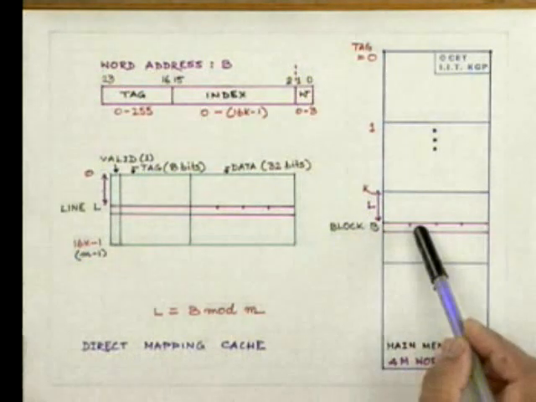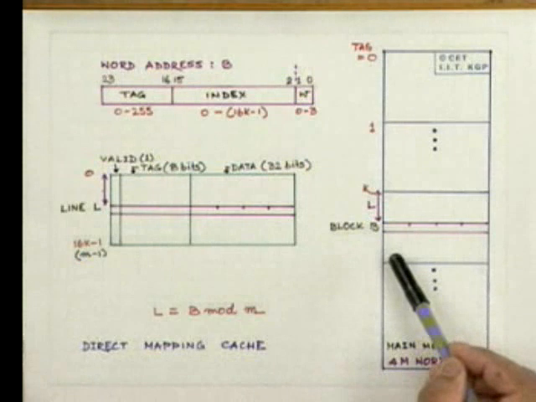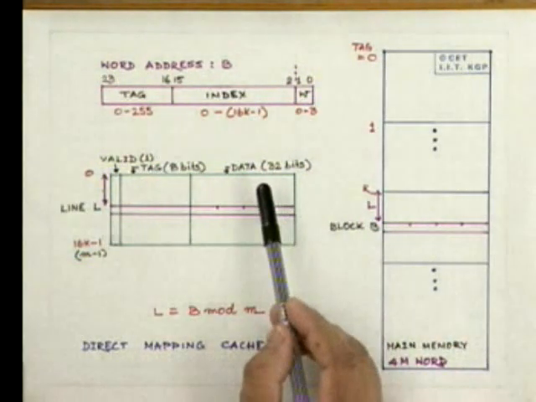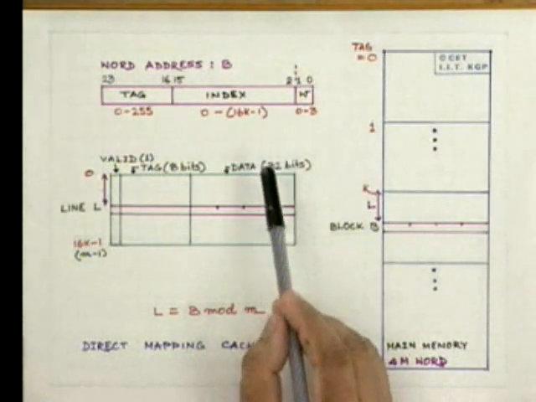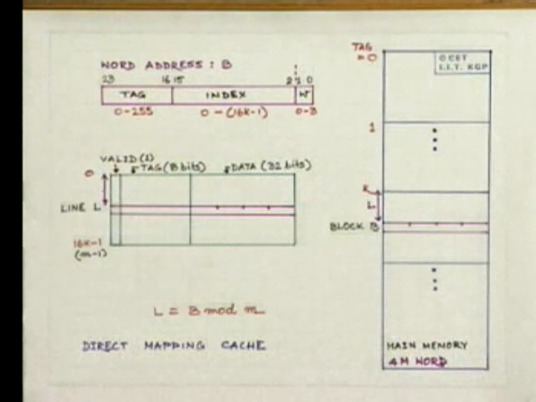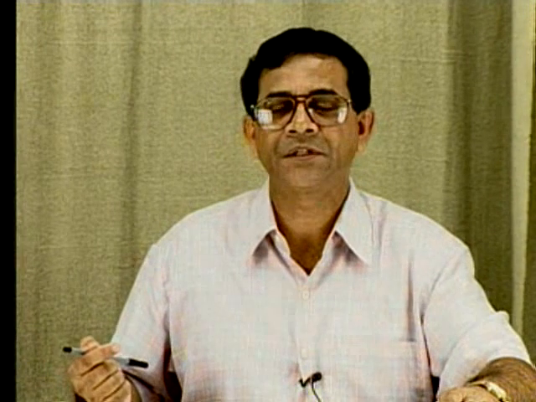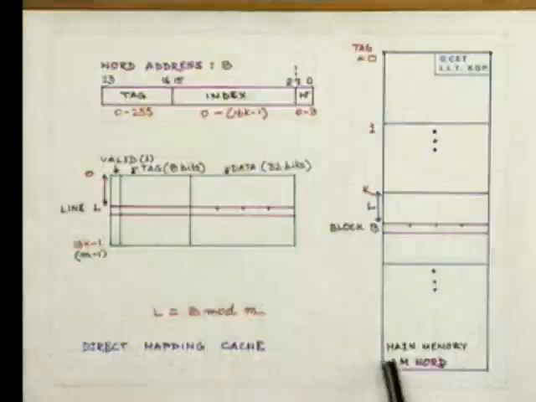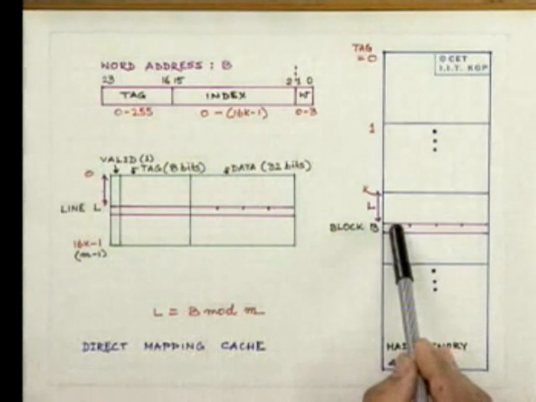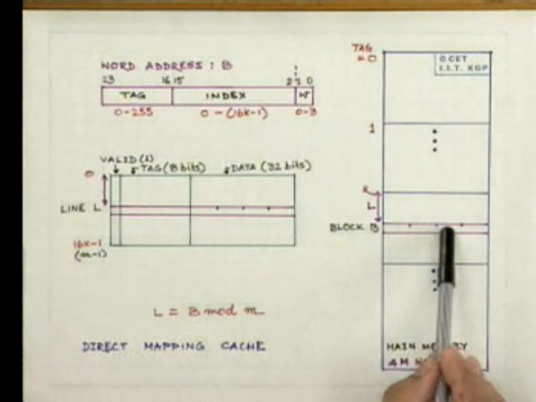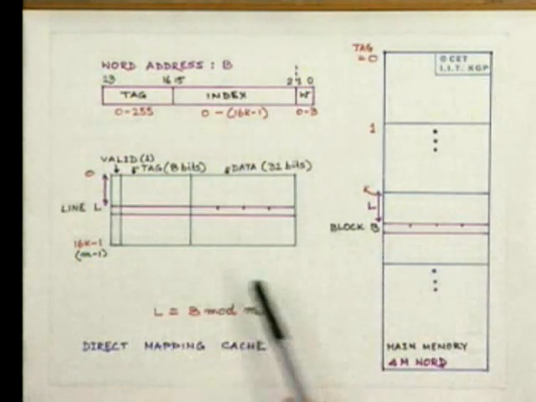Now, we assume that every byte is accessible, and also a word consisting of 4 bytes is accessible. Generally the computer will try to access one word consisting of 4 bytes, but if necessary, every byte can be read. In that situation, the main memory here is shown to be 4 mega words. Each 4-byte word is called a block, say block B.